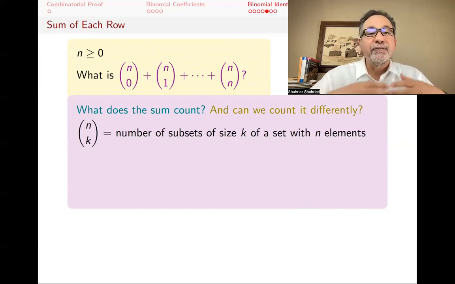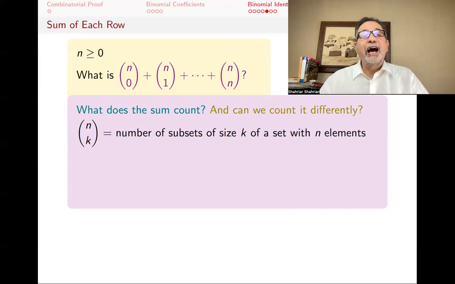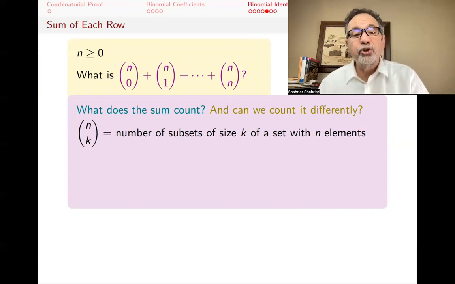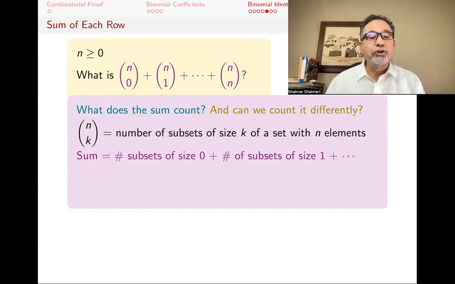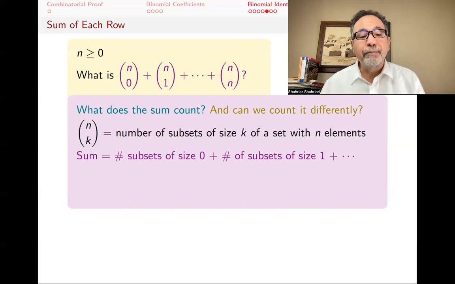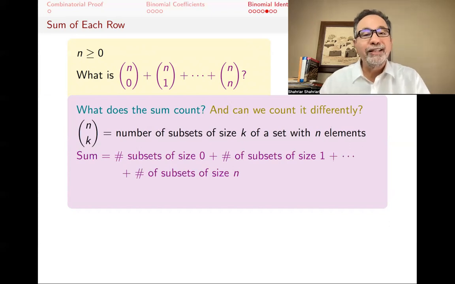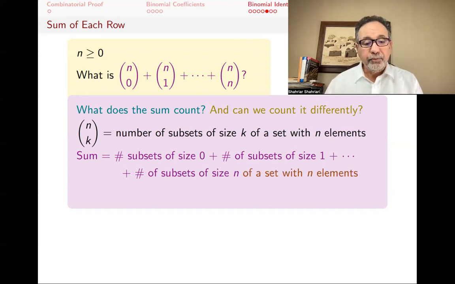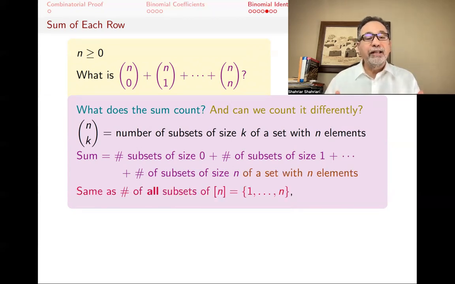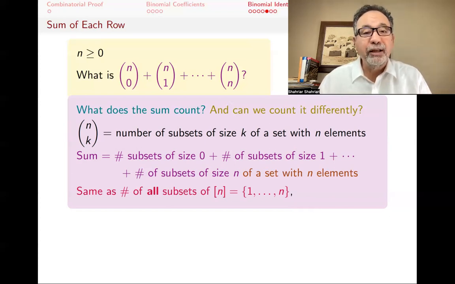I'm saying how many subsets of size 0 a set with n elements has, how many subsets of size 1, size 2, up to size n, and then adding them. So I'm taking the number of subsets of size 0 plus the number of subsets of size 1, all the way to the number of subsets of size n. When I add those, what I'm really getting is the number of all subsets of a set with n elements, because I'm just counting them slowly.